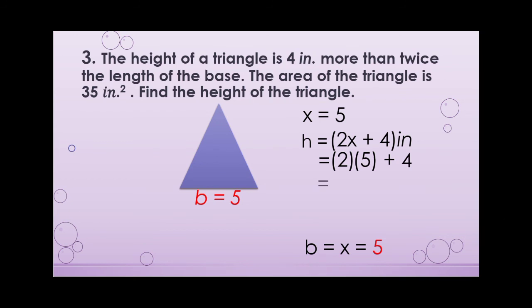Then, we have 2 times 5 is 10 plus 4. That is equal to 14. Then, the unit is inches. So, the height of the triangle now is 14 inches. And if we are going to multiply 14 by 5, the answer is 35. So, again, yung unit natin is square inches.